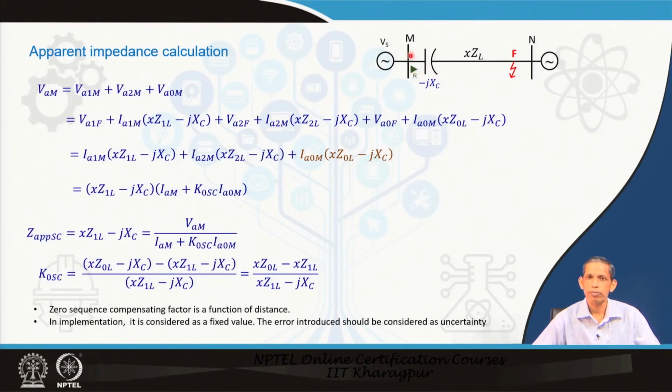It has a setting from 0 distance up to the reach, 0.8 pu or 0.9 pu depending on the zone 1 setting. So, it does not know the corresponding distance, and K0SC for the series compensation cannot be calculated, since it is a function of x and jXC.